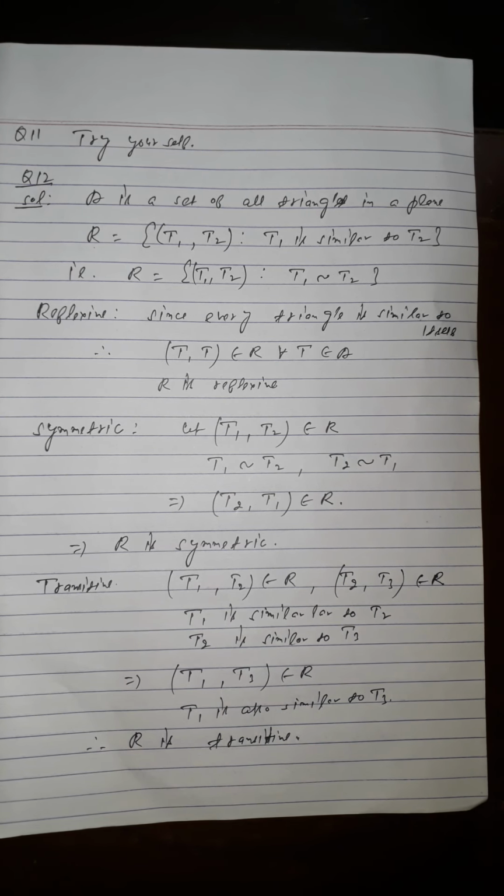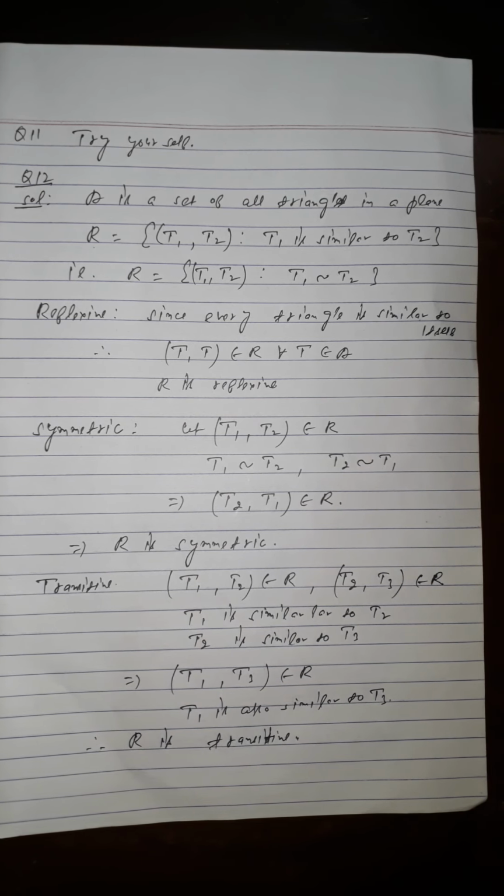Consider the three triangles, that is T1 with the sides 3, 4, 5, and T2 with the sides 5, 12, 13, and T3 with the sides 6, 8, 10. Which triangles among T1, T2 and T3 are related?